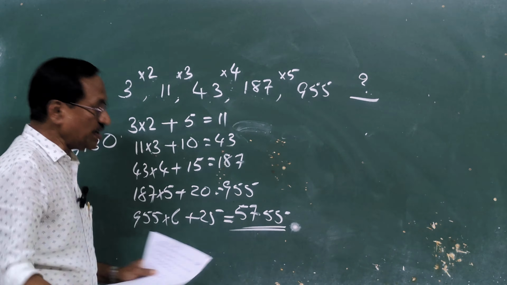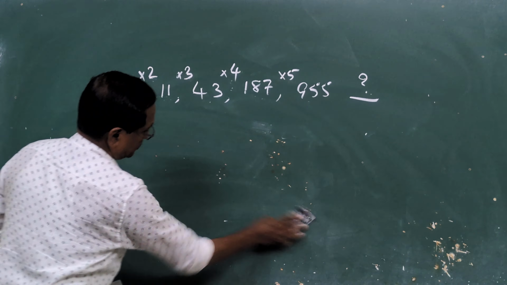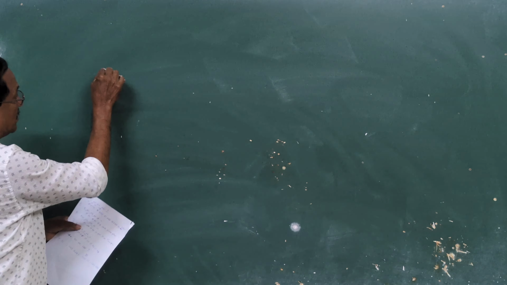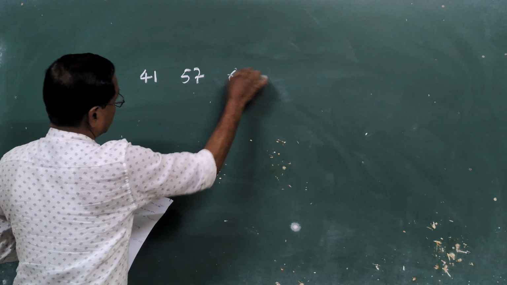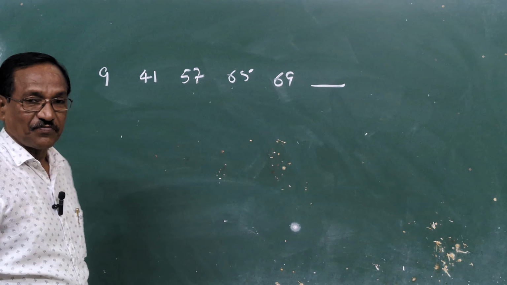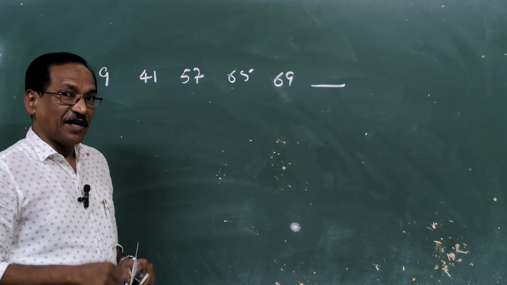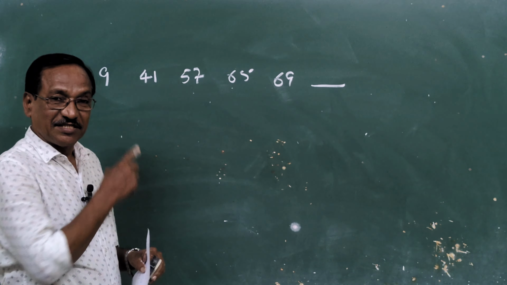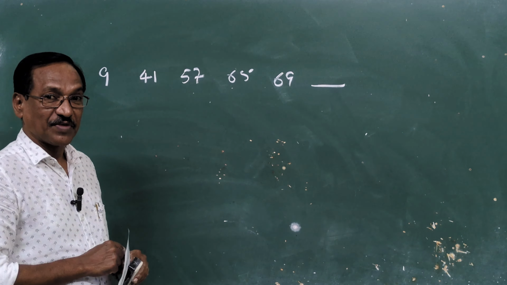Next, let us see another example. Consider the sequence 9, 41, 57, 65, 69. Then what's the next number? Now you may be able to find out the pattern, whether it is an addition pattern or a multiplication pattern.